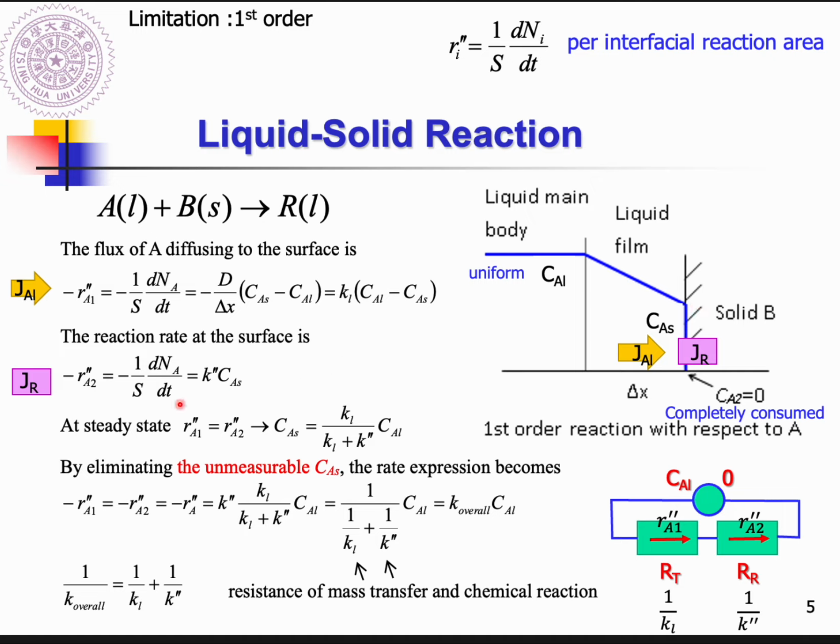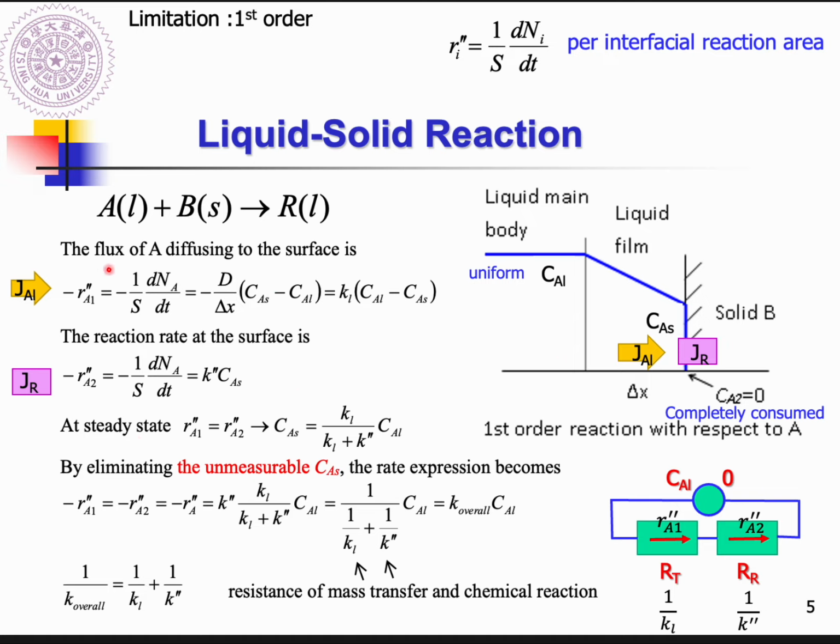So in order to answer the rate equation of this heterogeneous chemical reaction, we want to know what CAS is. How can we do that? We still have other information: when it reaches steady state, we know the flux will be the same.